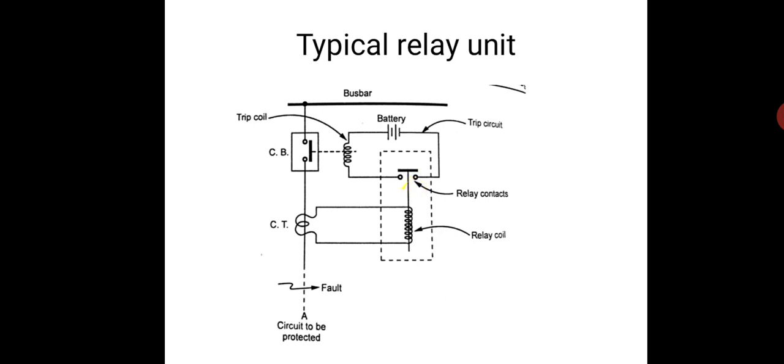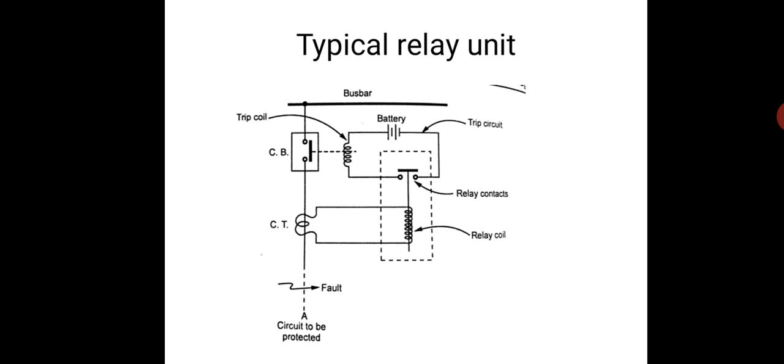If this closes, then the tripping circuit gets closed. If this gets closed, the trip coil is energized. Can you see? If the trip coil is energized, it will act as a magnet. So this will lift the circuit breaker contact, and the circuit breaker contact will open.